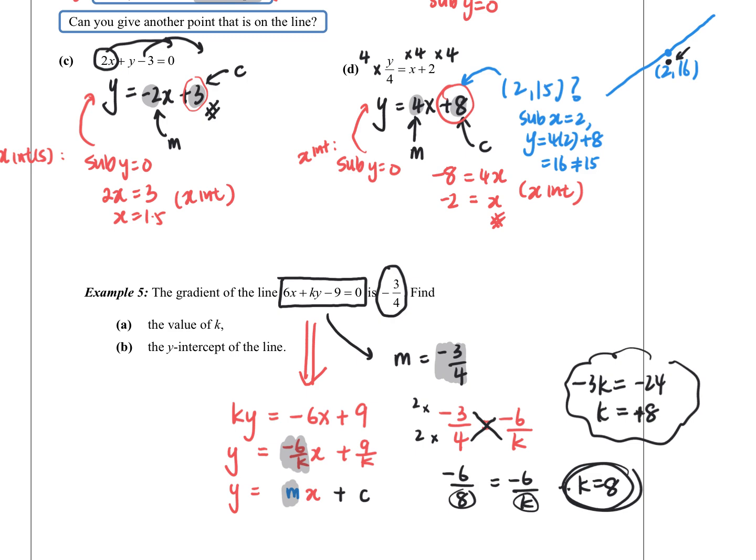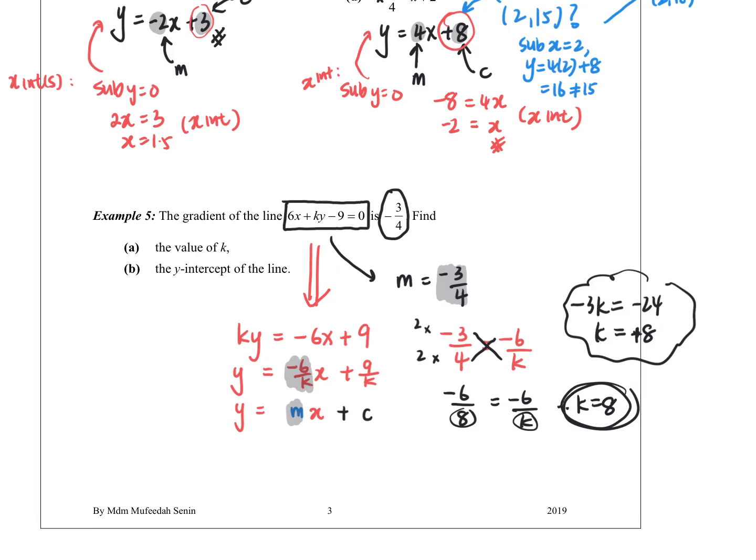Okay, so after you solve for k, the next thing you do is to plug in your k value back, which is 8. The question wants me to find the y-intercept, which is this one. So my y-intercept is just 9/8. But because this is E-math, change to a mixed number, or 1.125.